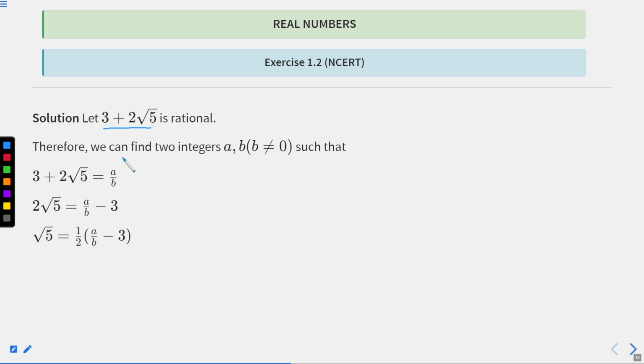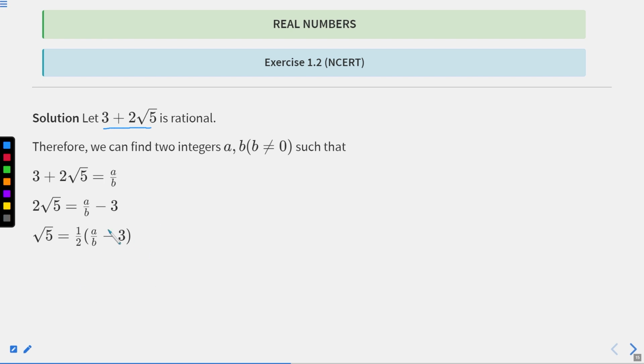Here a, b, 3, 2 are all integers, so 1 by 2 is rational, a over b is rational, and 3 is rational. So on the right hand side, 1 by 2 times (a over b minus 3) is a rational number.